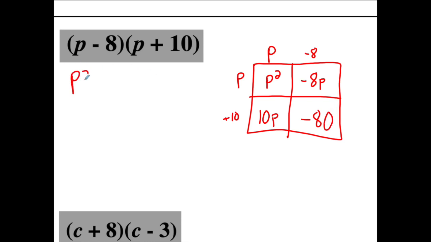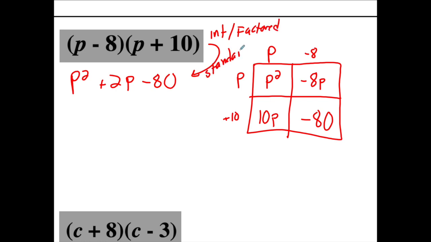Now I combine: p squared plus 2p minus 80. And now I've gone from intercept or factored form to standard form, because we got ap squared plus bp plus c.